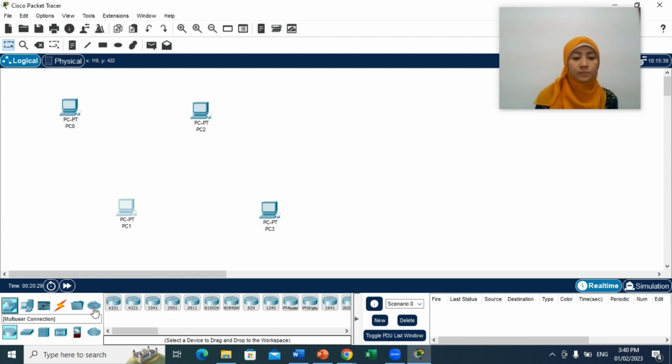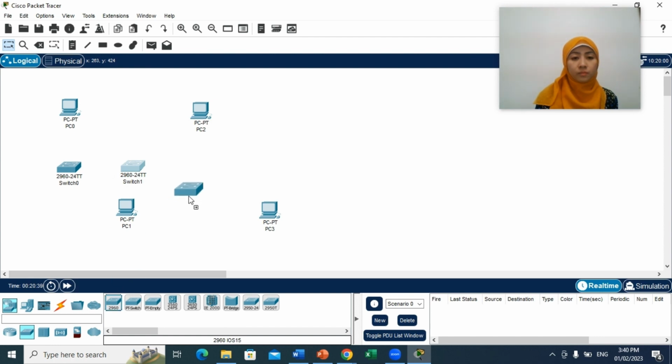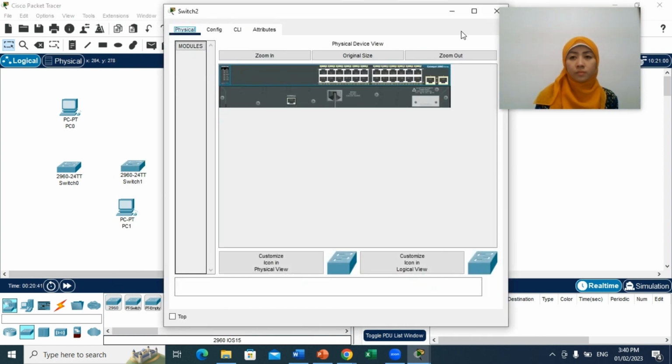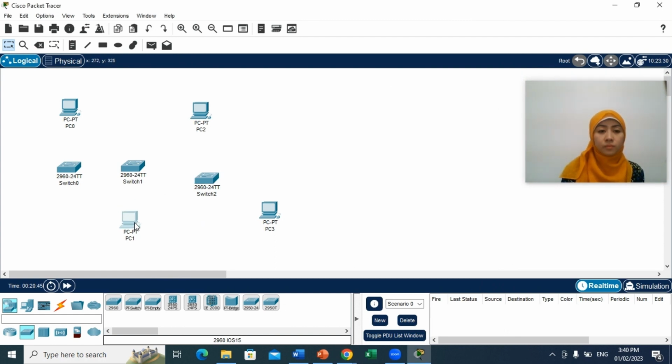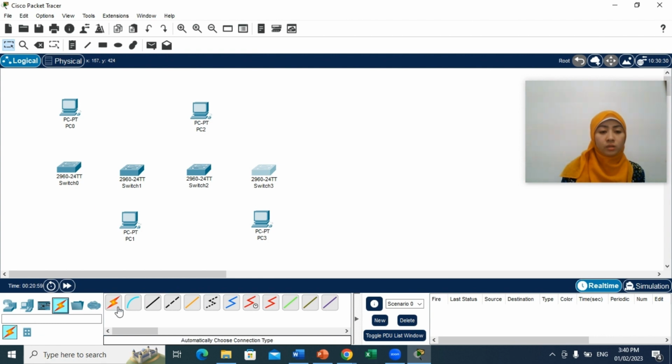and then a switch, and another switch here. So here we will connect it with this line.